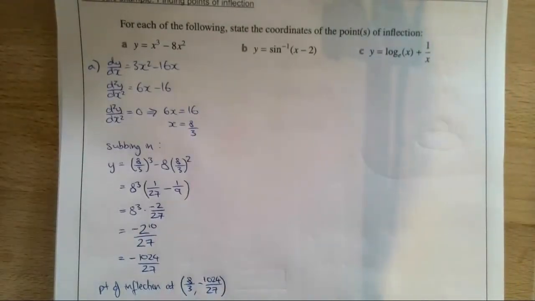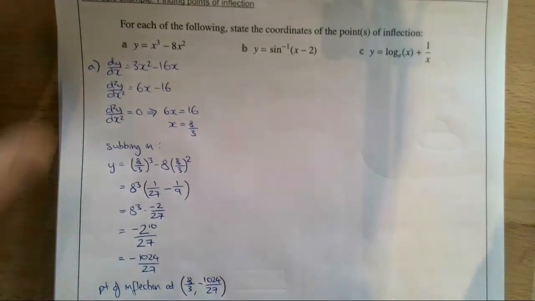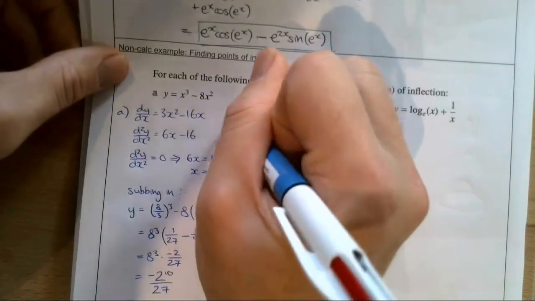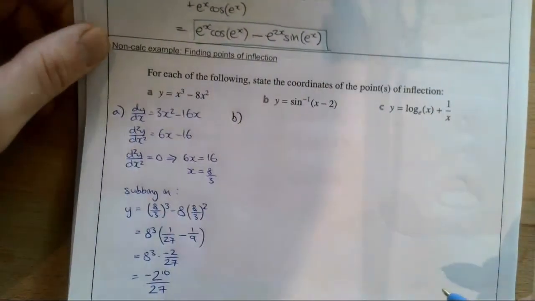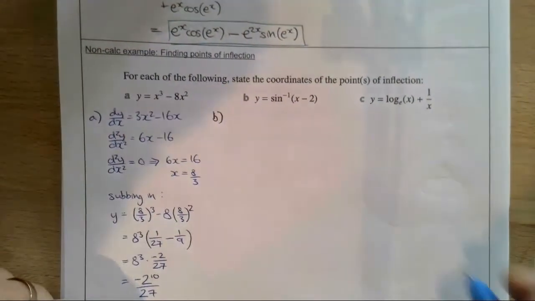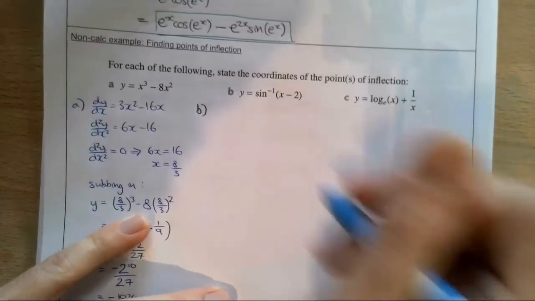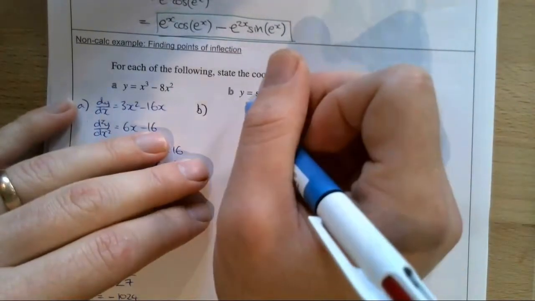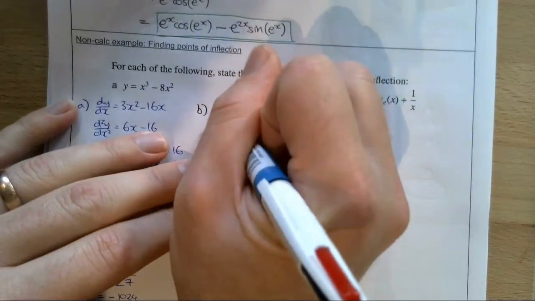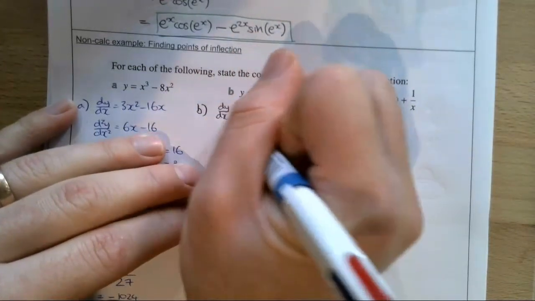The functions start to step up a notch with part B though. So let's have a look at this. y equals sine inverse of (x minus 2). I'm going to jump straight in with the chain rule to do dy by dx.